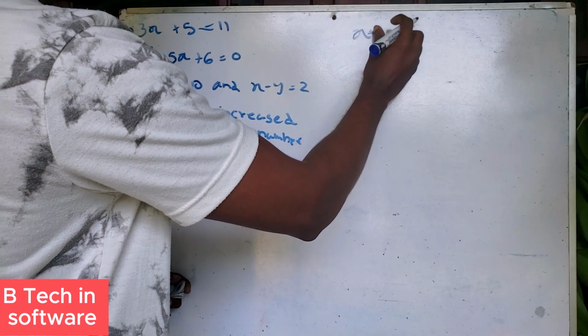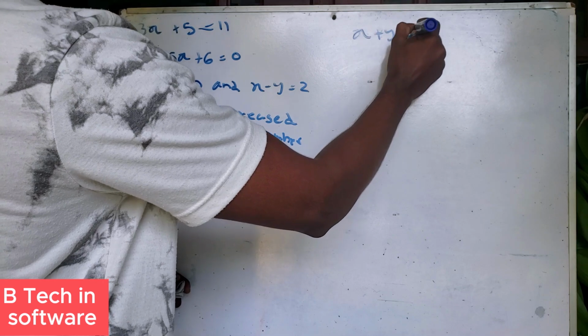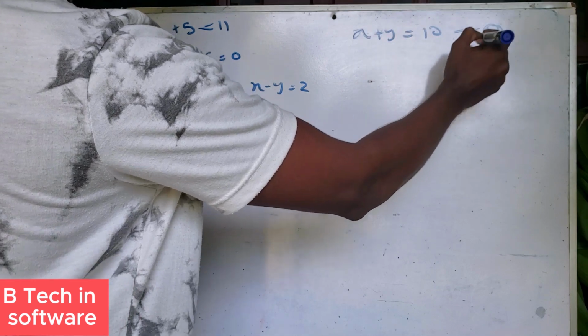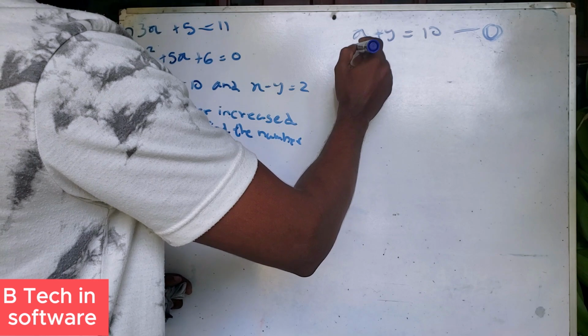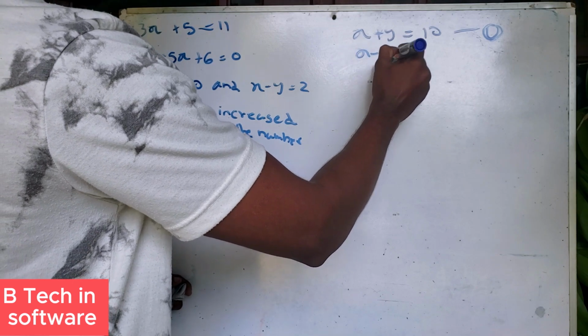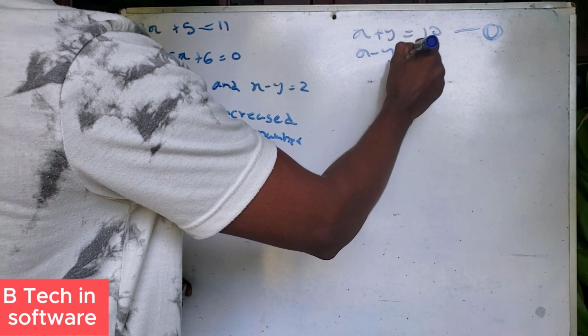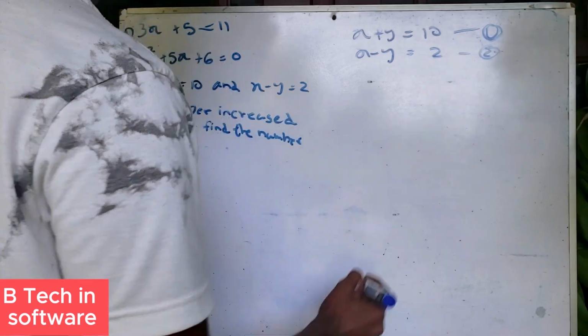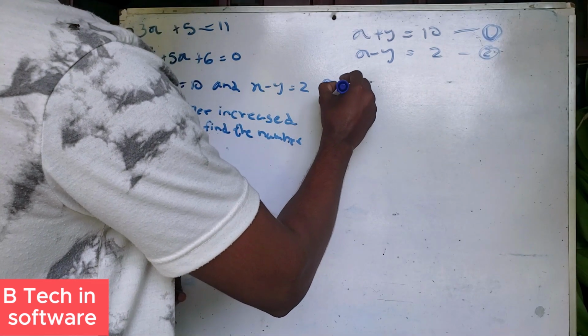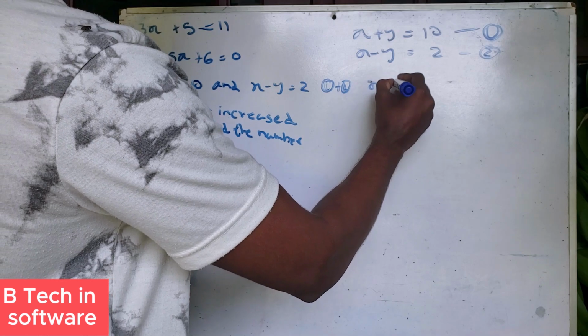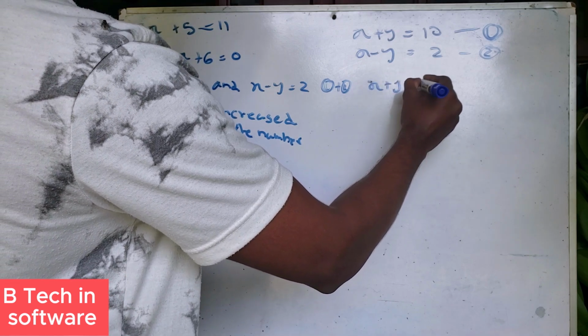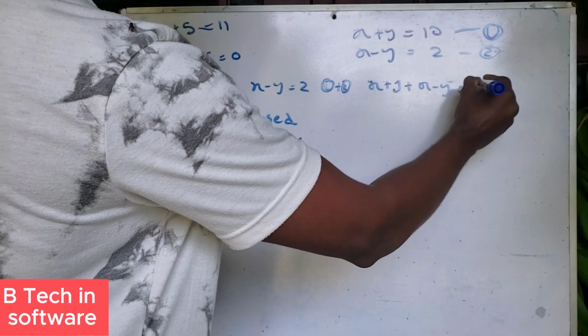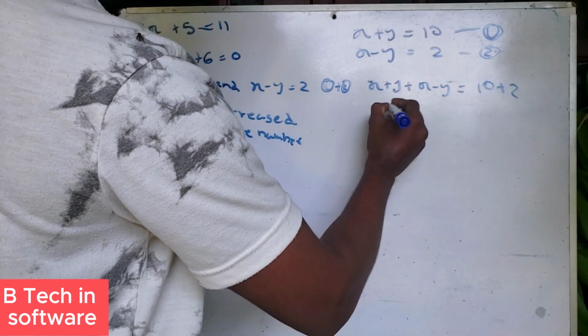x plus y is equal to 10. I will take it as the first equation, and then x minus y is equal to 2. Now I will add these two equations. x plus y plus x minus y, 10 plus 2.